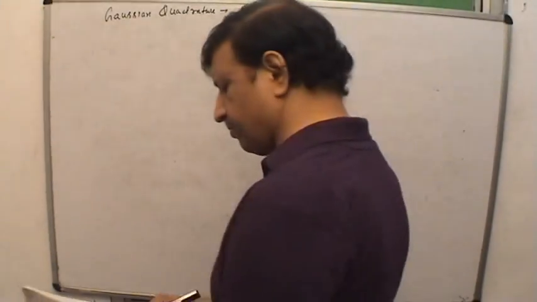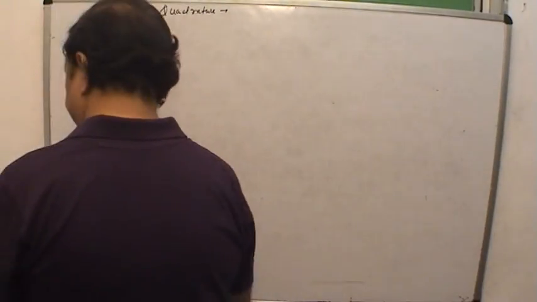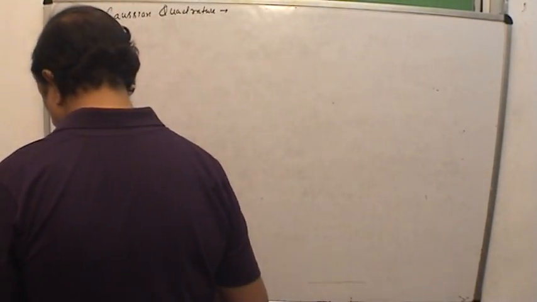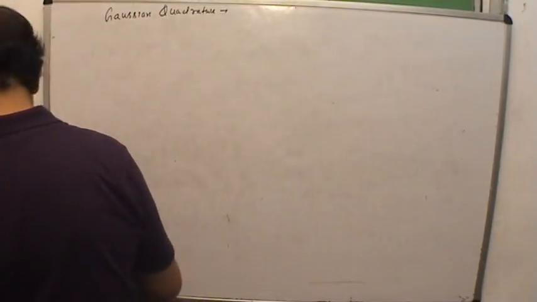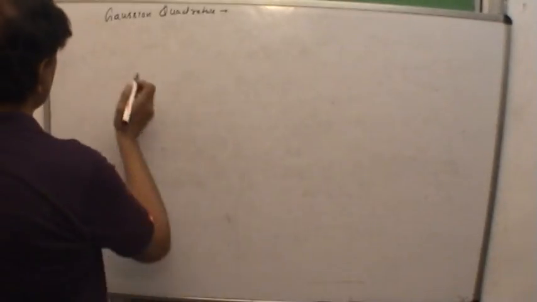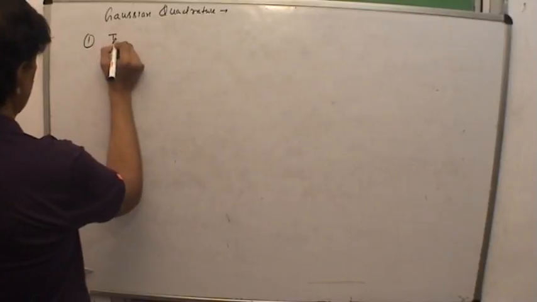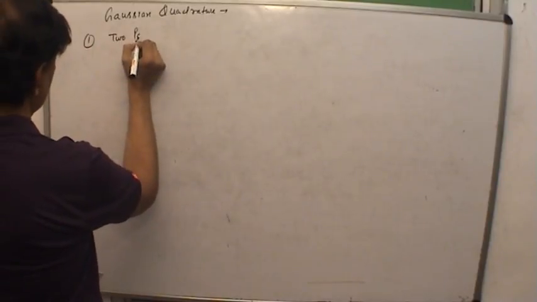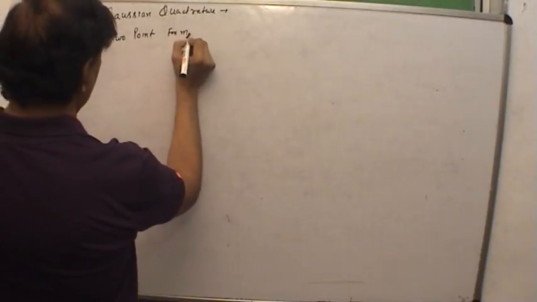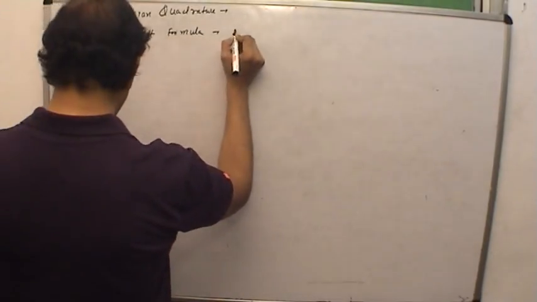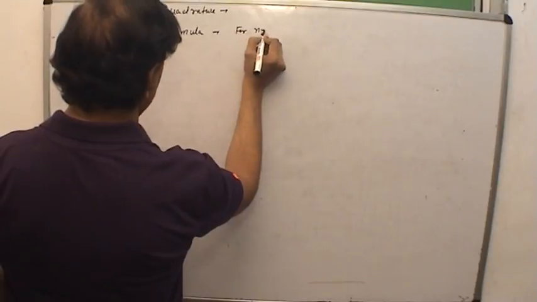The Gaussian quadrature, we use the formula, let us see, that is the standard formula. We call it number 1, 2-point formula, or we say for n is equal to 2.